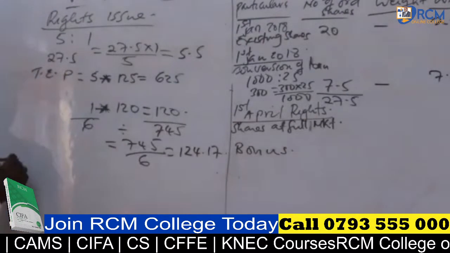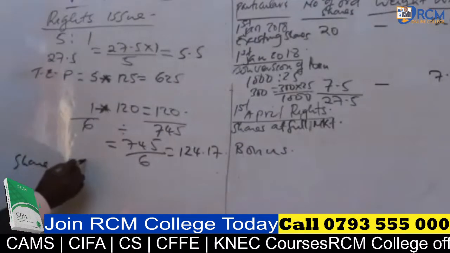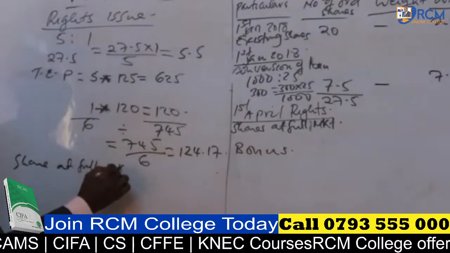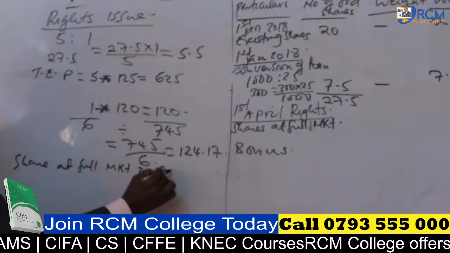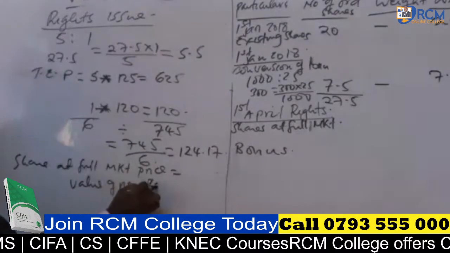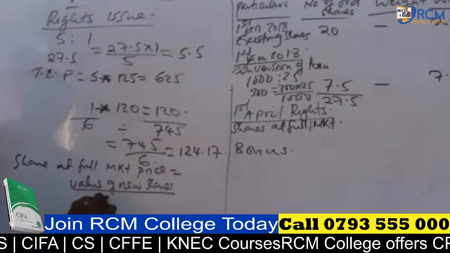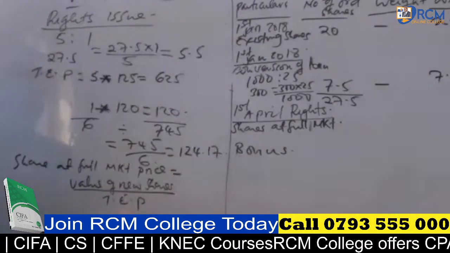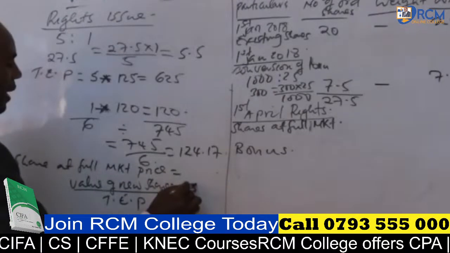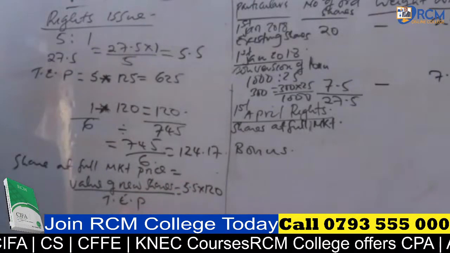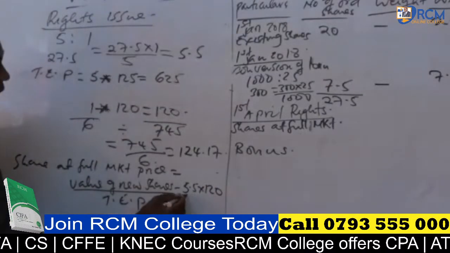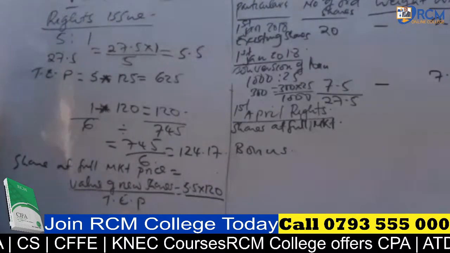Now, I get the shares at full market price. I believe you are writing: shares at full market price equals value of new shares divided by theoretical ex-rights price, which equals a value which is 5.5 times 120. 5.5 is the new shares times 120, the price at which we issued the shares, to get the value.